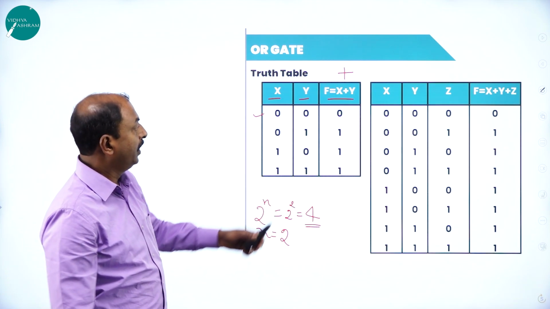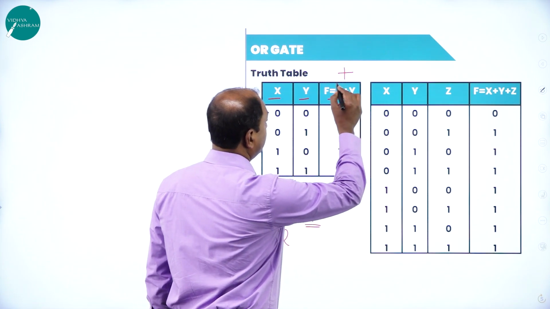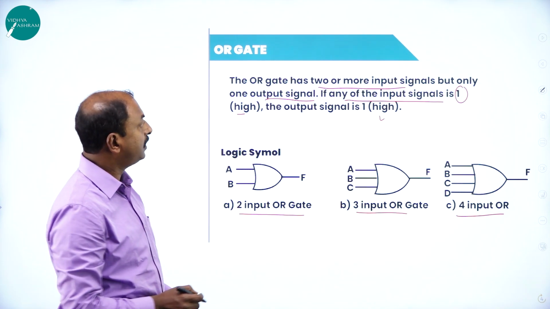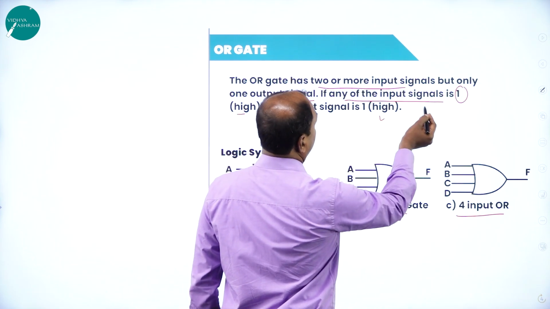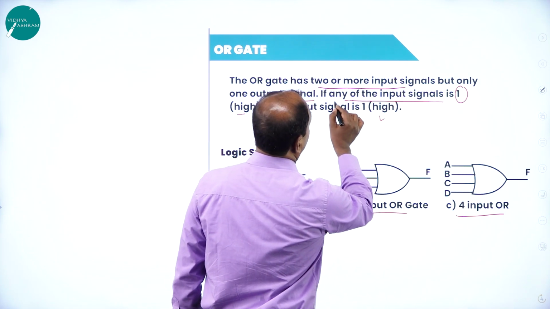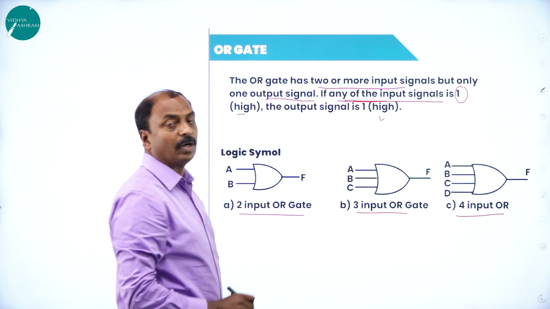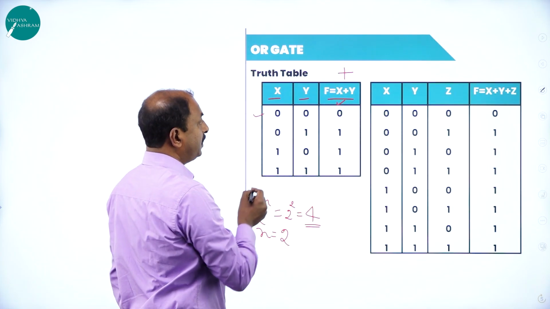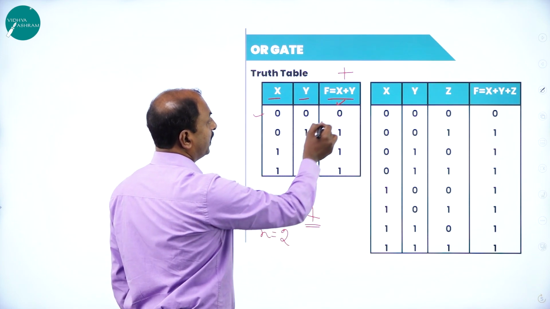So what is the output of this? As per the definition, if any of the input signals in a combination is high, the output signal is high. In this 0, 0 combination, the output is 0.